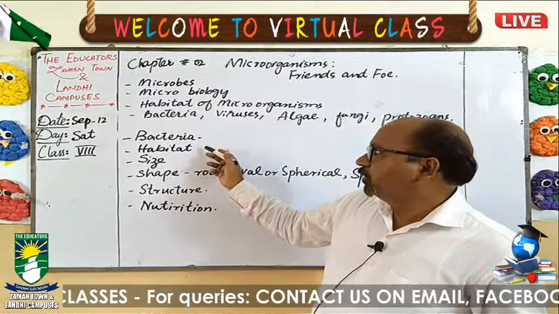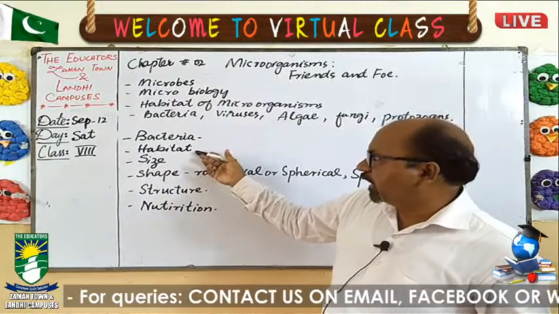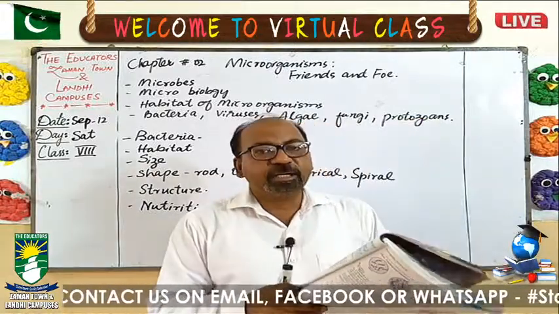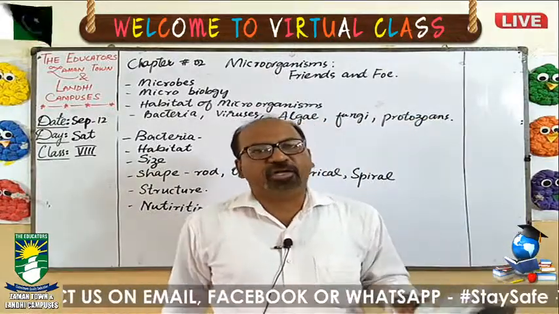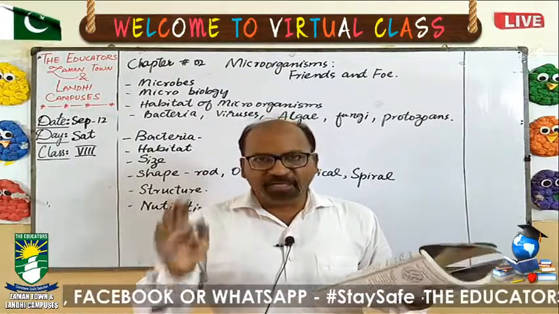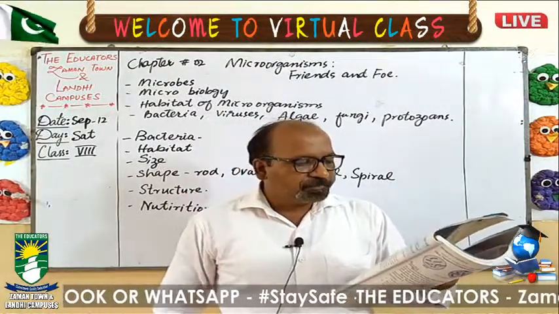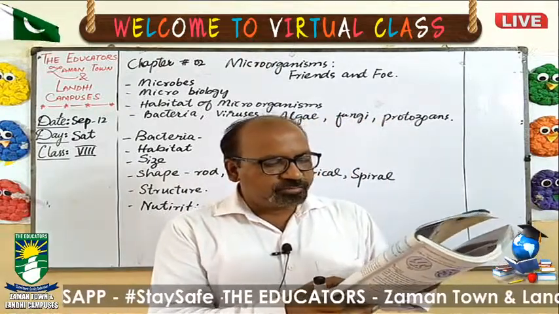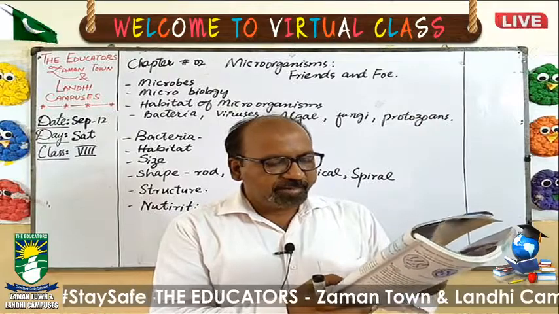We have discussed the habitat, and now we are going to discuss the size. They are very small, as we have discussed, so they cannot be seen with our naked eye. The average size of a bacterium is 1.25 micrometer.